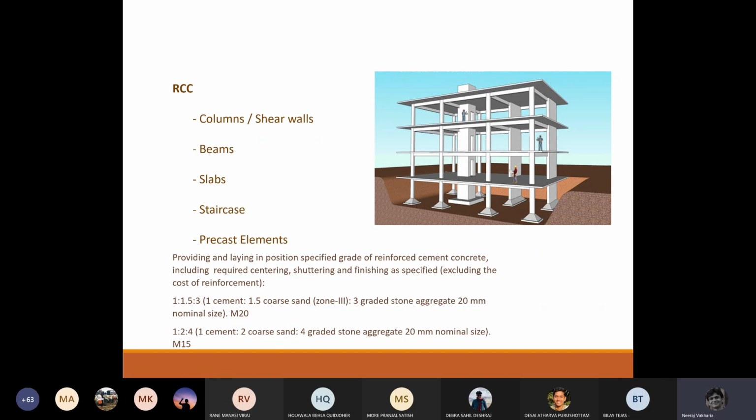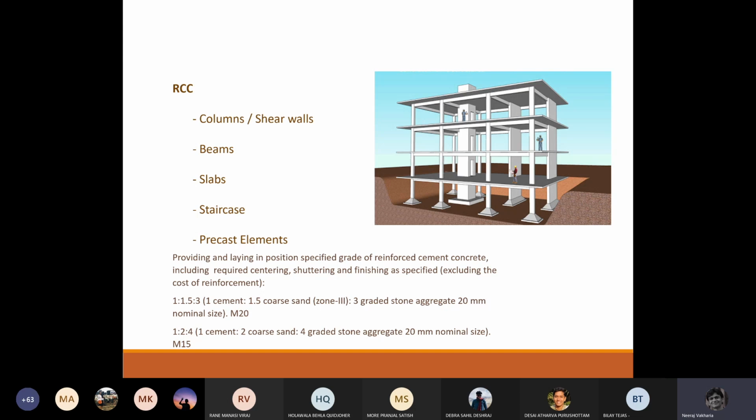Because if you consider a type of slab, now let's say if we are going to use some advanced slab, let's say waffle slab or something, then the molds are different. Centering methods might differ. Okay, so that cost we don't want to be applied to the columns as well.